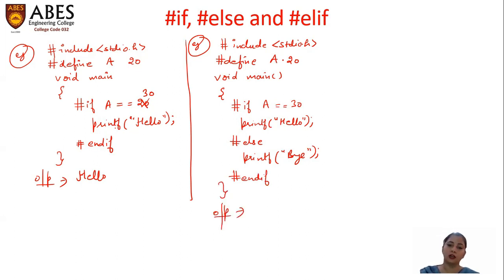Here I've defined a macro A whose value is 20. First, it will check whether the value of macro A is equal to 30, which is not true. Then #else will work and here bye will be printed.